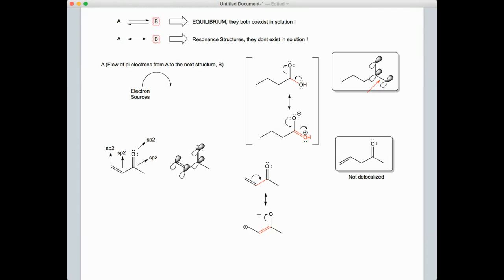So the oxygen had 2 lone pairs, and now I'm adding a third lone pair because I'm moving the pi bond to the oxygen.